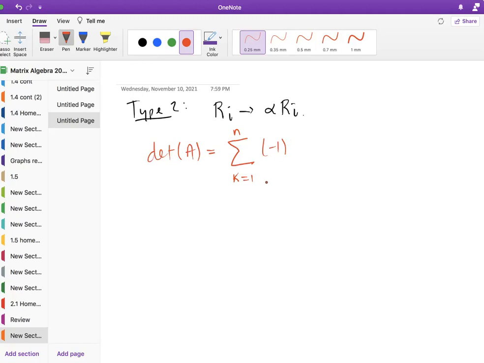You tell me, if you expand on row I, what are our indices? So what's the first term in the sum? I'm doing cofactor expansion on row I.